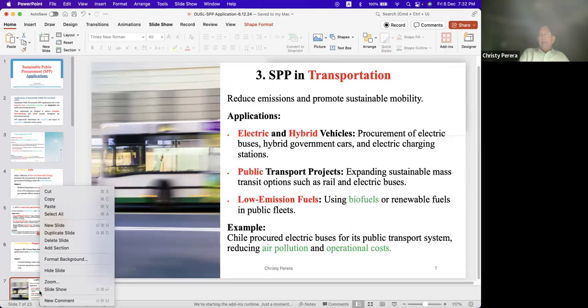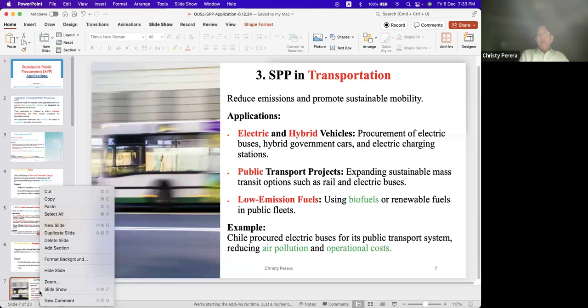Sustainable public procurement in transportation. It's very important. Like energy, transportation is also very, very important. I think most of the problems I have prepared for my students, the diploma and university students, concern transportation.